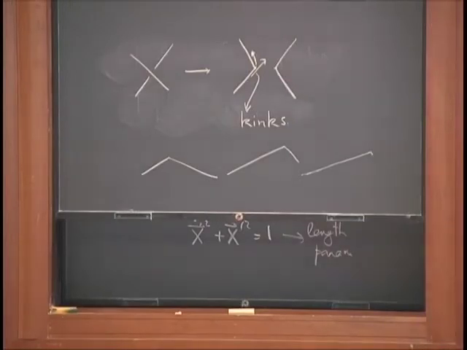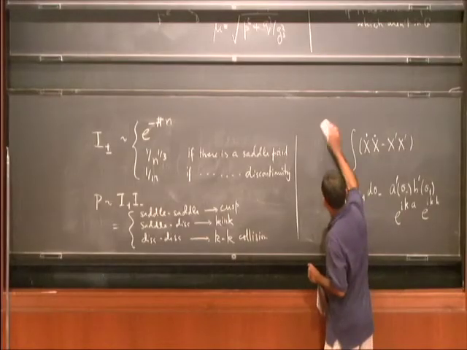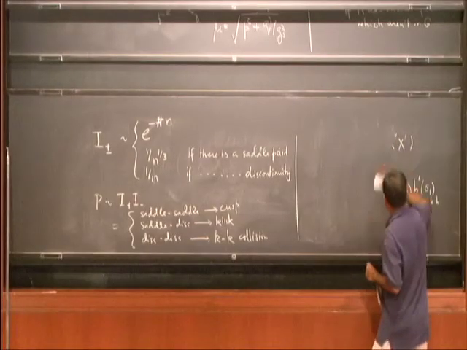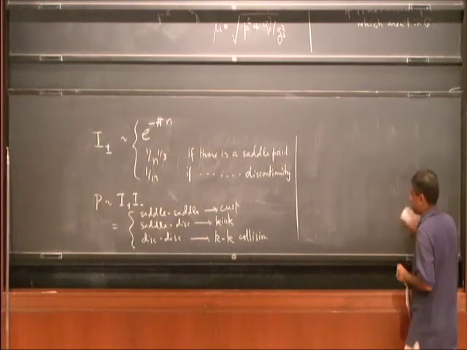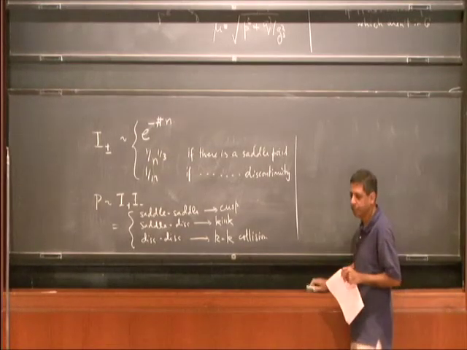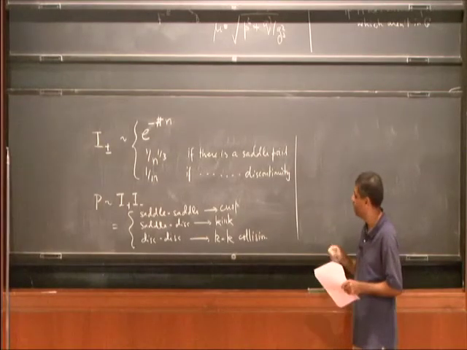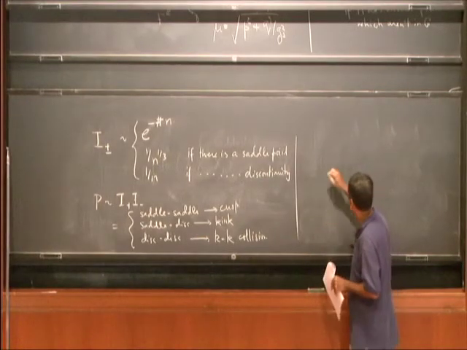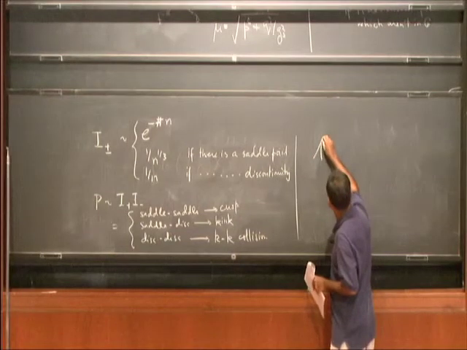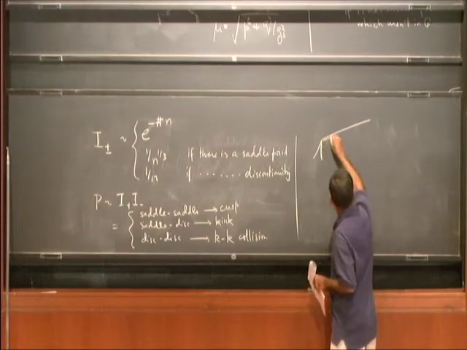I won't go into details here, but these three have very different emission features. The cusp is where there's a beam.